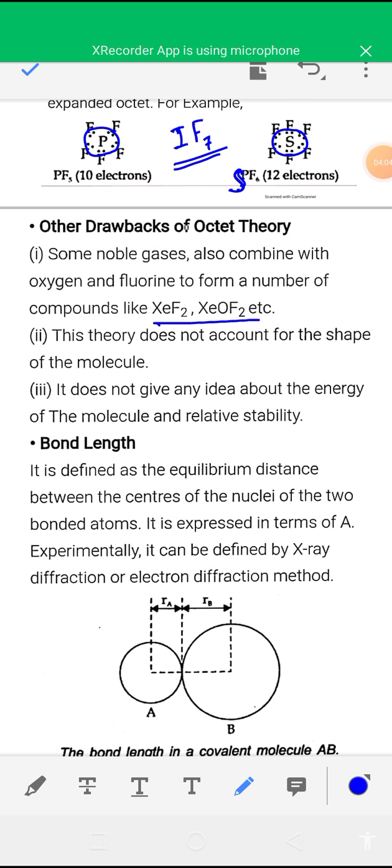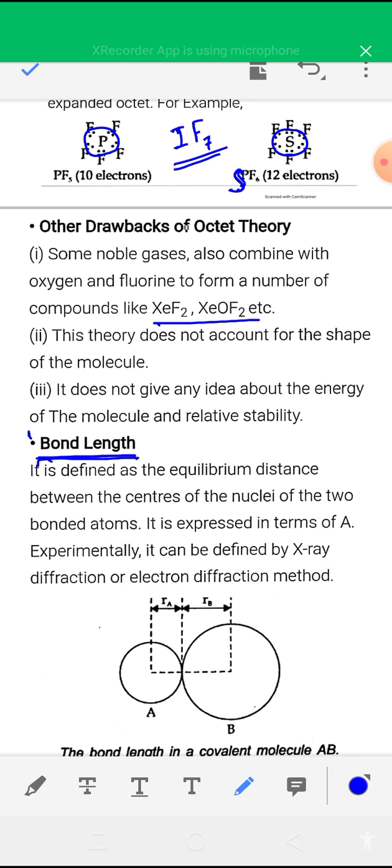Now see bond parameters. What is a bond parameter? Some physical parameters are required to describe a chemical bond, a covalent bond, completely. There are mainly 3 types of bond parameters.